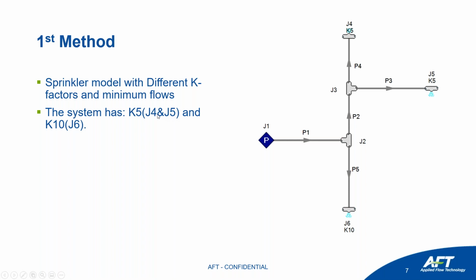The system has 2 groups of sprinklers, one with a K factor of 5, located in junction J4 and junction J5, and another one, a sprinkler with a K factor of 10, located in junction 6.